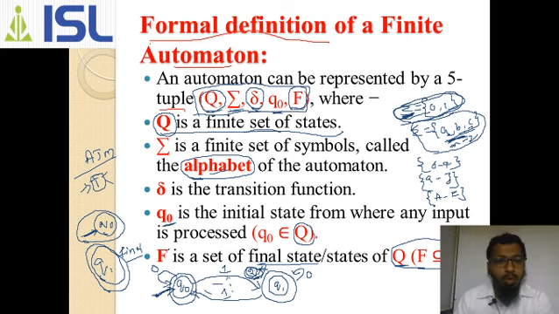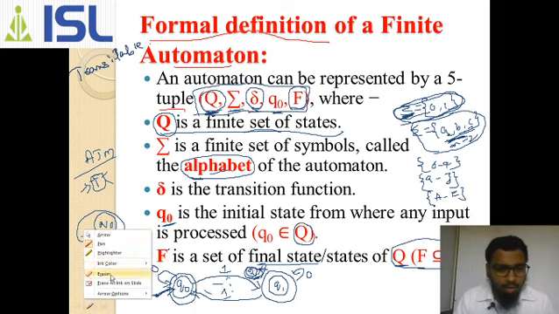And in the formal definition of finite automata, there is Q, sigma, delta, q0, F. This is a 5 tuple. Based on this only you can draw the transition table. I will change the color, then it will be easy to recognize.